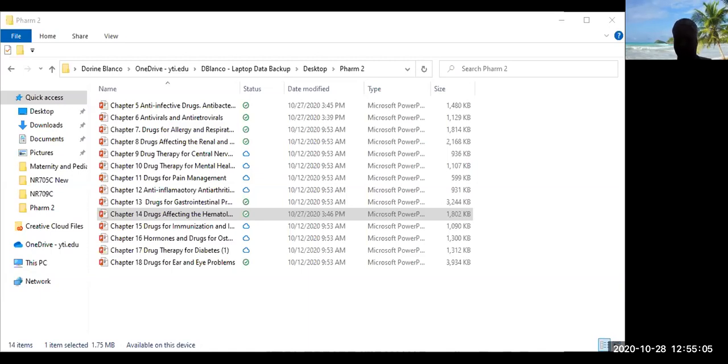Neupogen. Okay. Now I don't see this in the chart here in your book. I have to find out what it is.